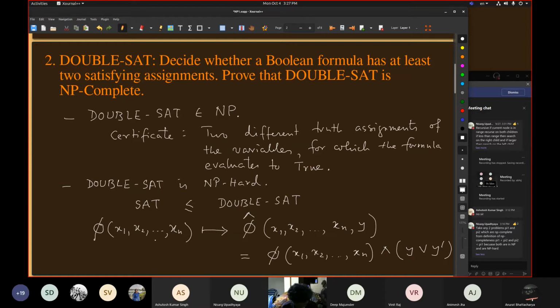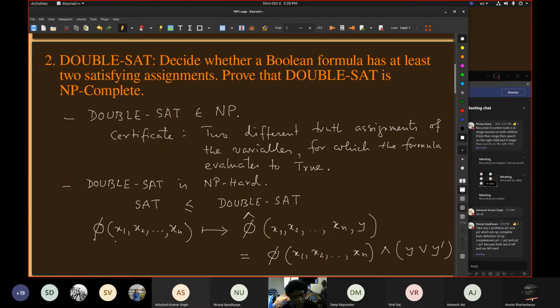Now, if this is satisfiable, then there is at least one truth assignment of x1 through xn for which this quantity evaluates to true. Take that truth assignment of x1 through xn and take any truth assignment of y, irrespective of whether it is true or false. This evaluates to 1, and 1 and 1 is 1. So if this is satisfiable, this is double satisfiable.